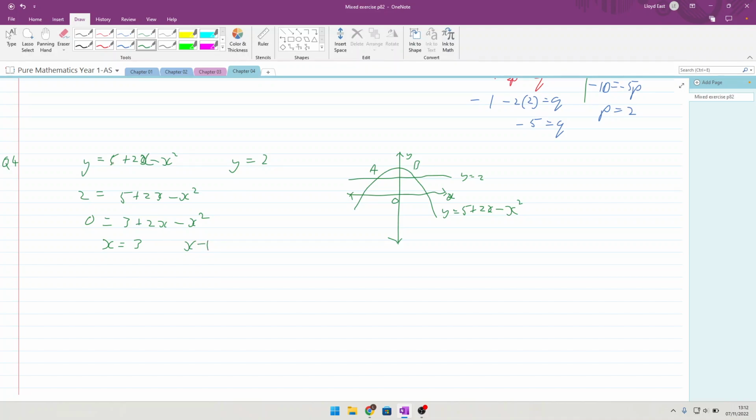We don't even need to do the y's because we know they're both at 2. Okay, 4-mark question, find the coordinates of A and B. So that means A is minus 1, 2, and B is 3, 2. There we are. Done. Quick 4 marks.